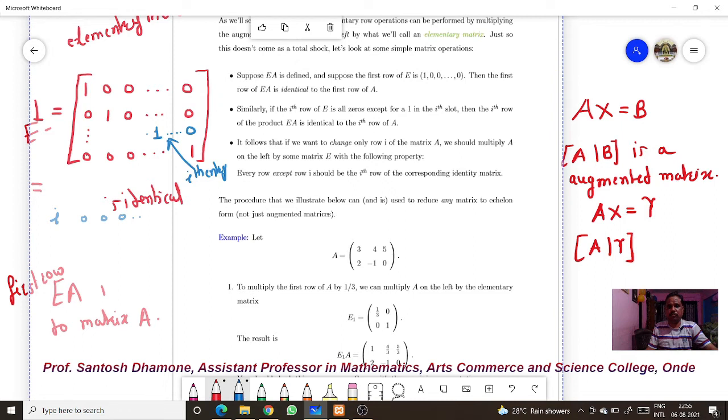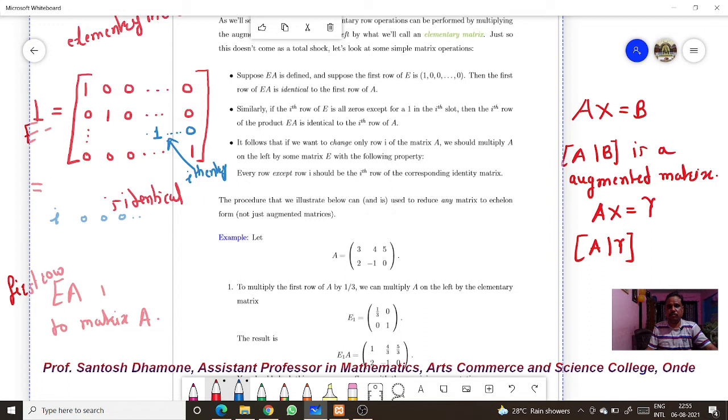Similarly, for the second row: 0 into 3 plus 1 into 2, 0 into 4 plus 1 into minus 1, 0 into 5 plus 1 into 0.